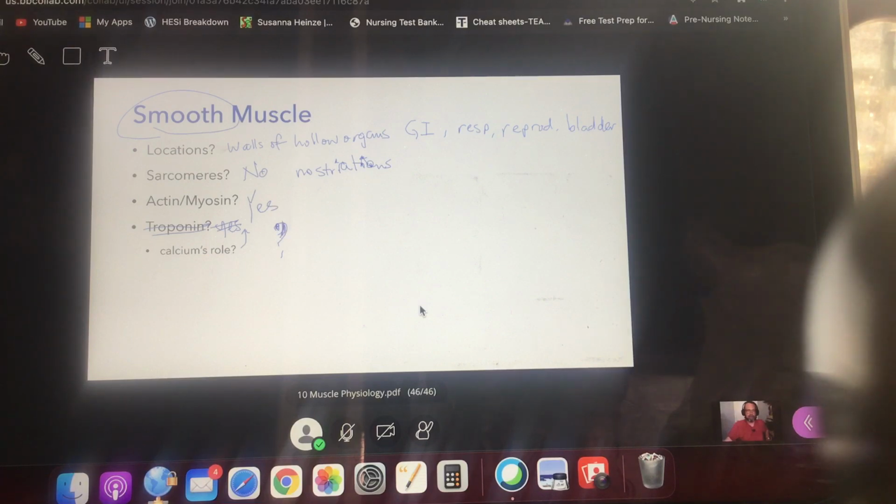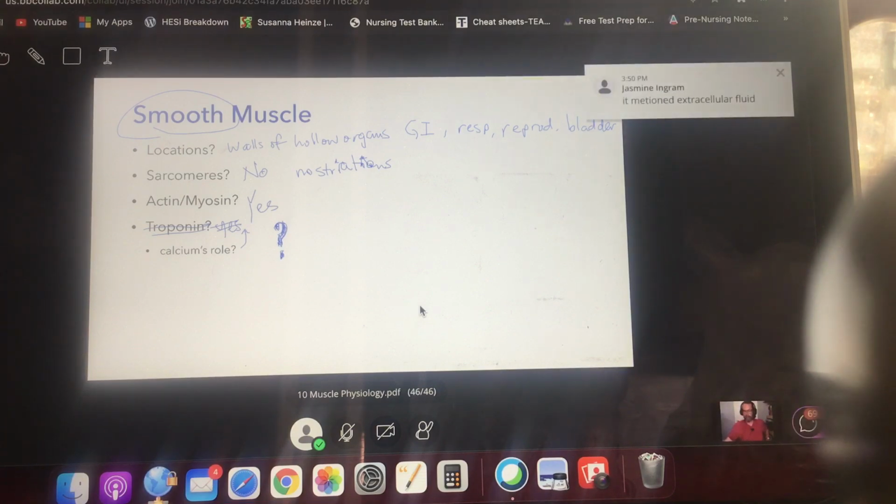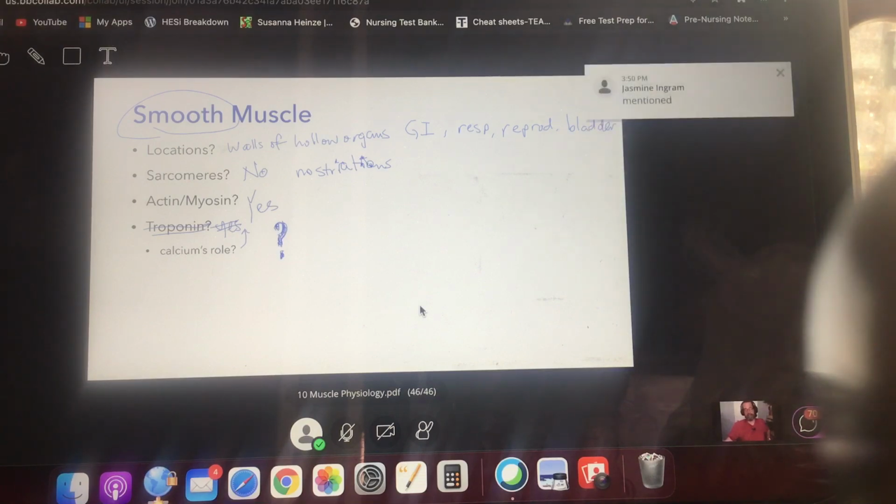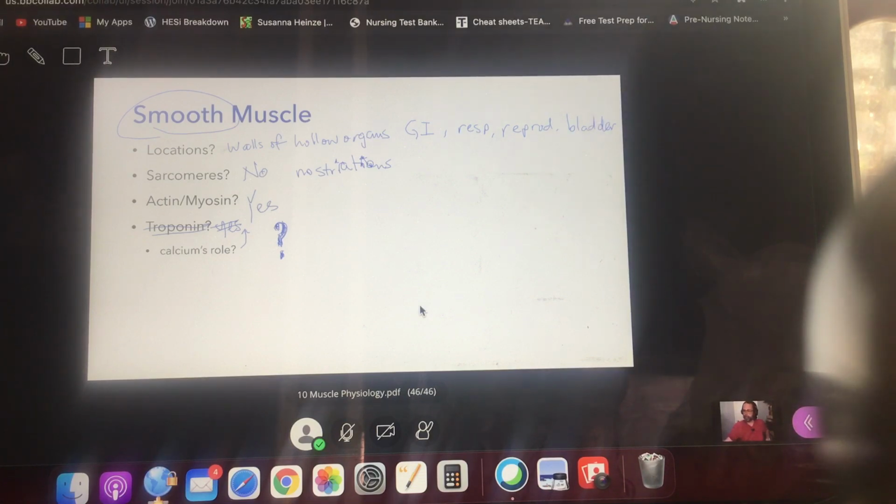We're just not entirely sure exactly what it's for. It's not the same as in cardiac muscle and skeletal muscle. Yes, there is calcium in the extracellular fluid of all of your cells. Actinomyosin is responsible for the contraction, but it's not striated.